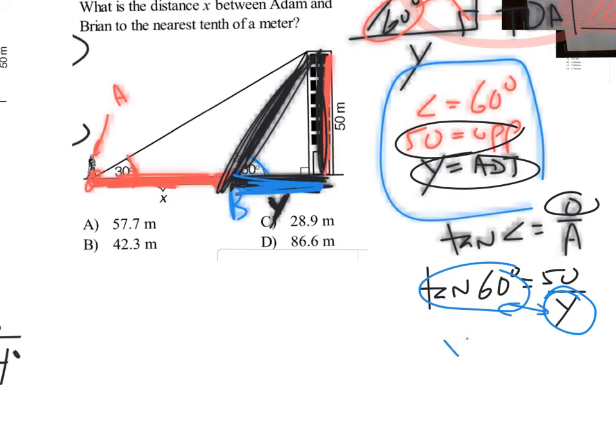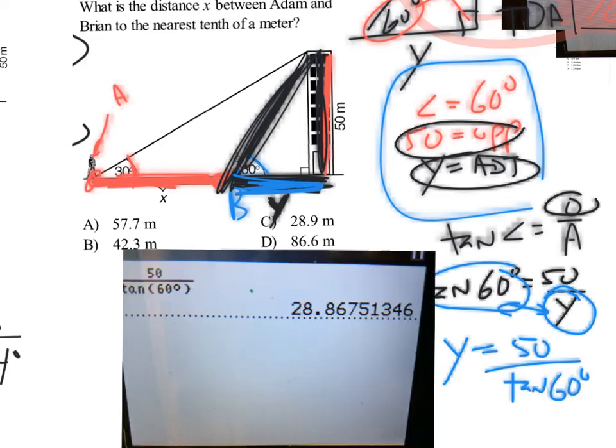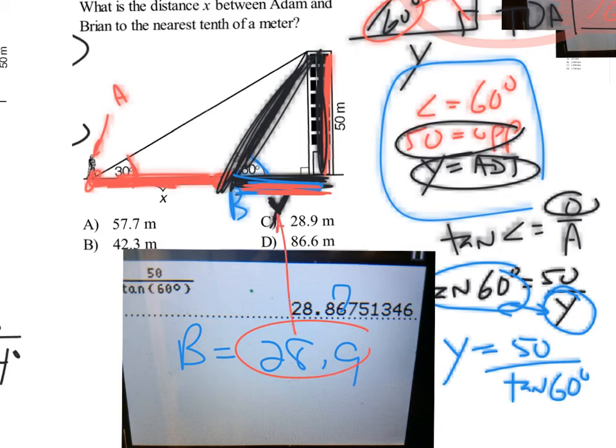So here I have y equals 50 over the tangent of 60. So this is going to be the distance from Brian to the base of the building. So here it looks like Brian is 28.9 feet from the building. So this distance here is 28.9.